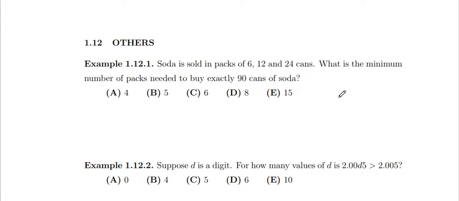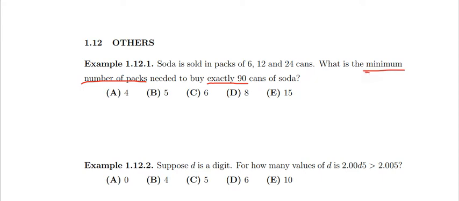Some soda is sold in packs of 6 cans or 12 cans or 24 cans. So what is the minimum number of packs needed to buy exactly 90 cans?